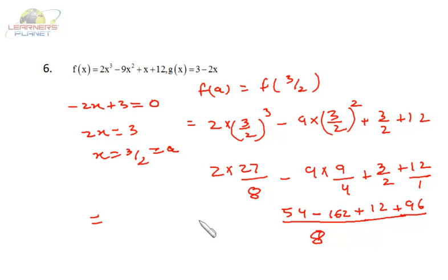So what we'll be getting is 162 minus 162, that is 0. So further we can say 3 minus 2x is a factor of 2x cube minus 9x square plus x plus 12. Okay, why? Because we are getting the value of this expression as 0 if we put x as 3 by 2.